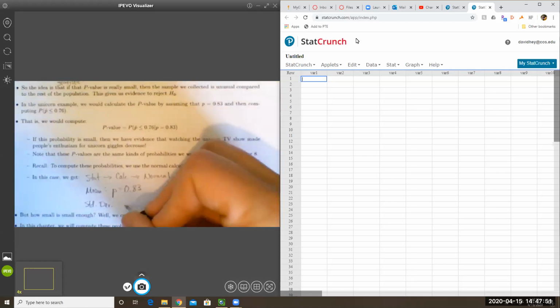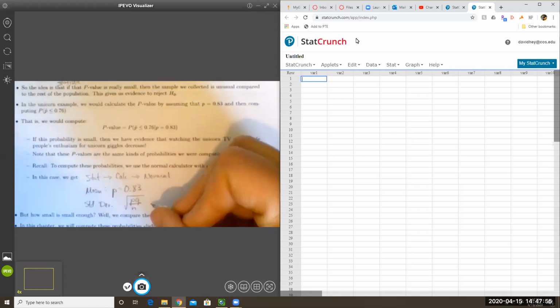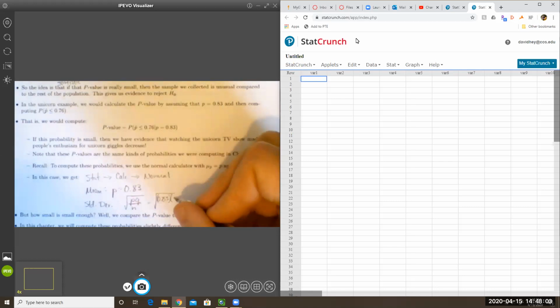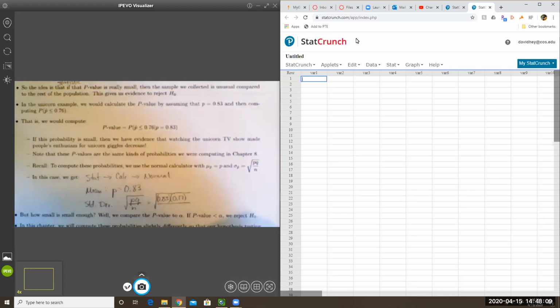So we're going to put in square root of pq over n. That would be square root of 0.83 times 0.17 divided by n, our sample size. Our sample size was 50, right?